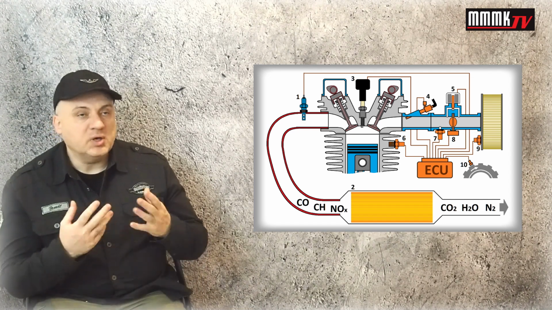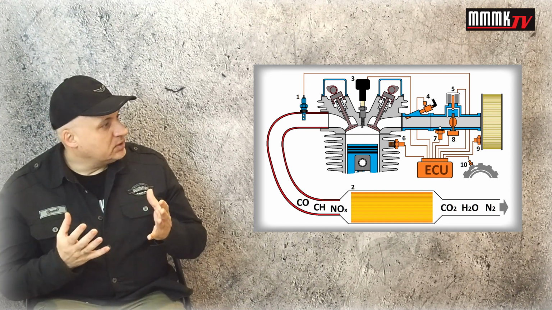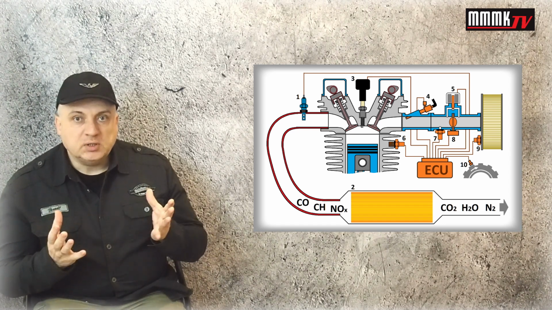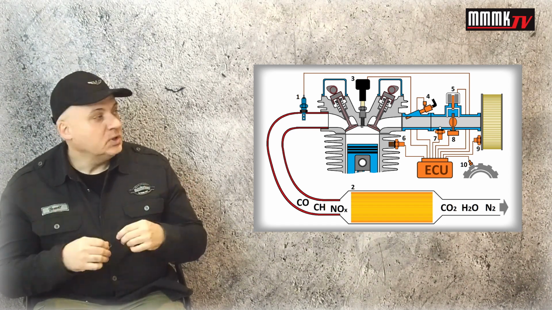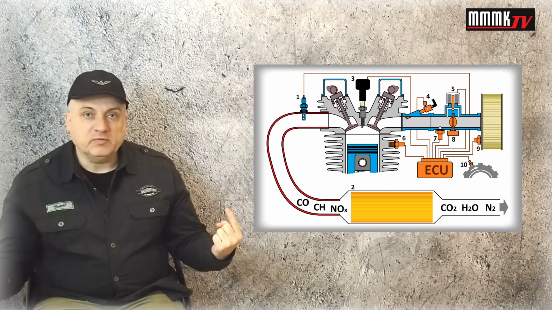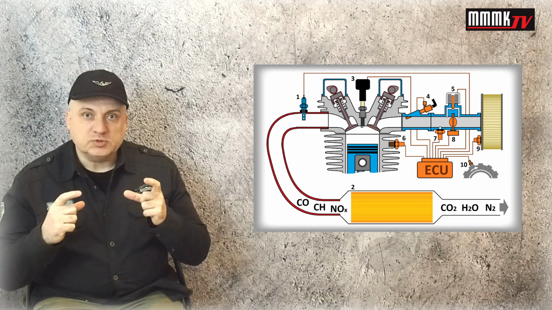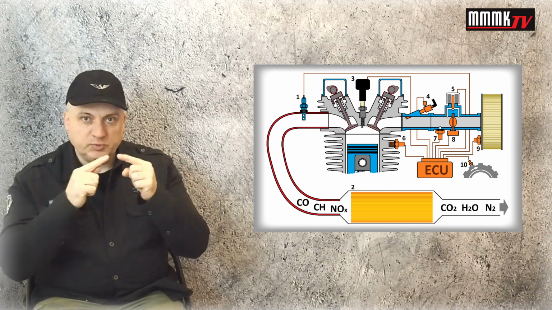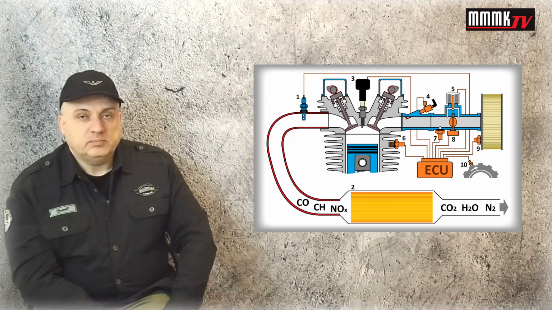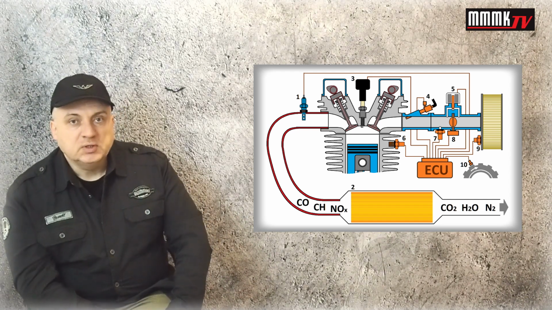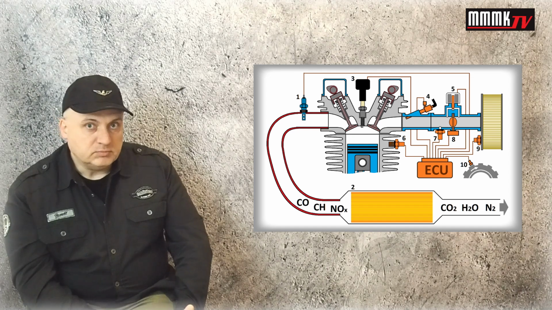We need to imagine that it works like a multi-dimensional table. We have several inputs, and for those inputs we have preset outputs. This output goes as a signal for the injector.